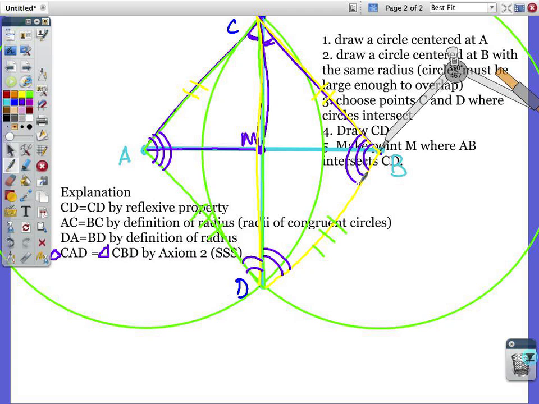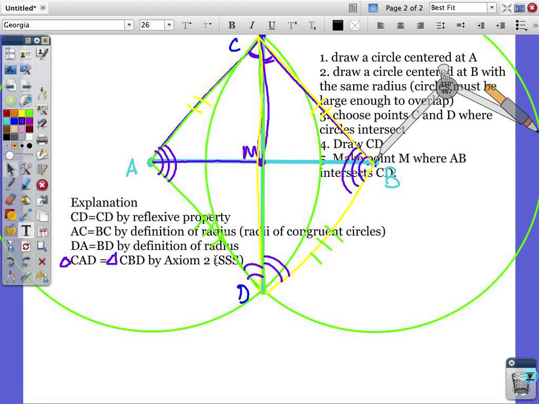All right, let's write that out so we can see it all. So we said that the two big triangles were congruent. Now we're going to say that the angles are congruent by CPCTC.